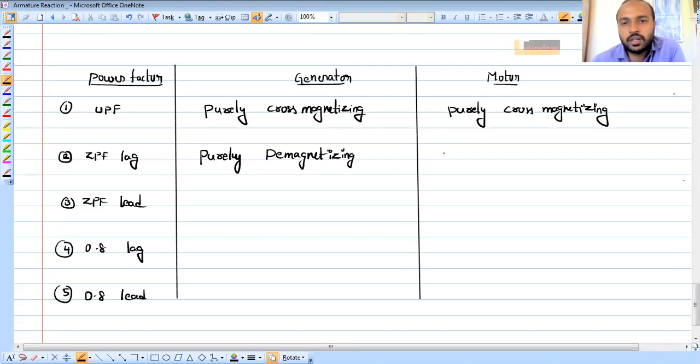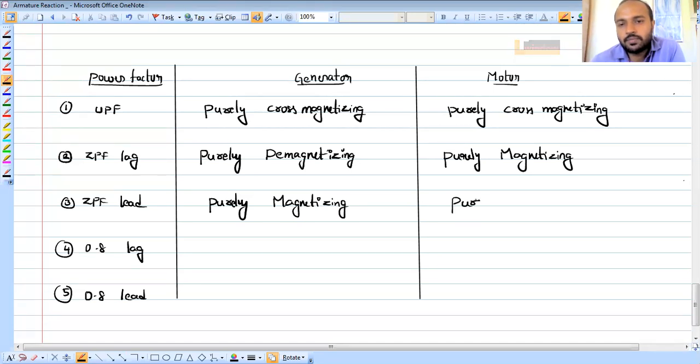In case of motor, it is purely magnetizing, just opposite to the generator. So for ZPF leading for generator, it is purely magnetizing. In case of motor, it is vice versa to generator, purely demagnetizing.